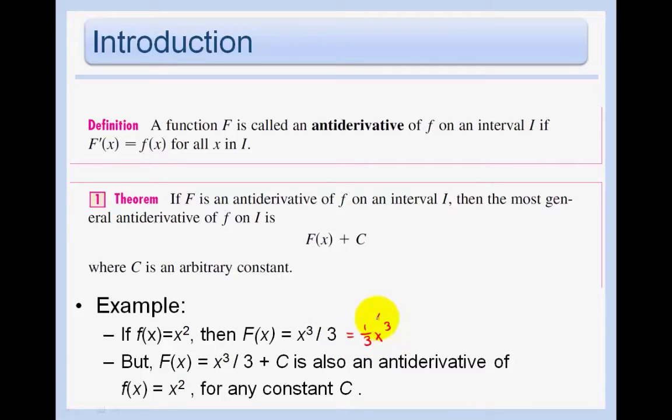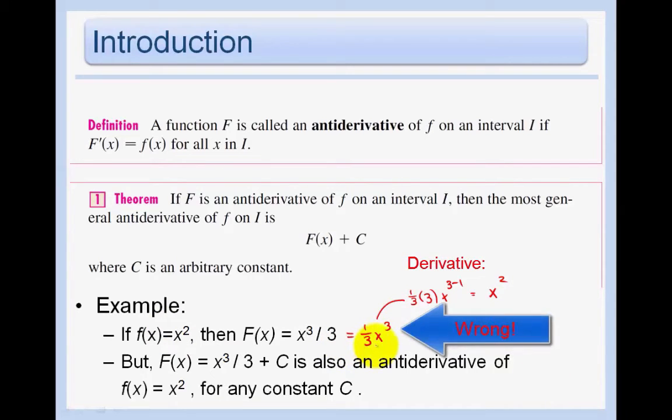Because the derivative of 1/3 x cubed would be x squared. And so we're just trying to go backwards. Now, I'm telling you that's wrong. And the reason I'm saying it's wrong is because you have to look at some other function, x cubed over 3 plus c. Well, its derivative is also x squared.